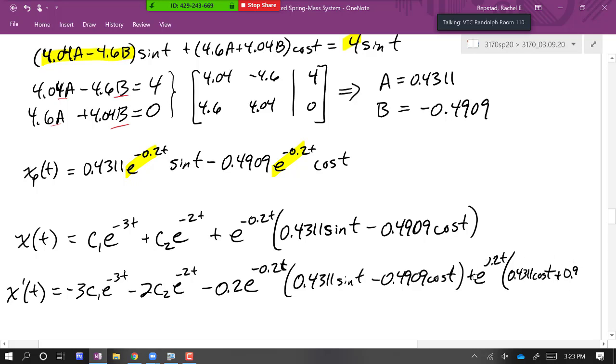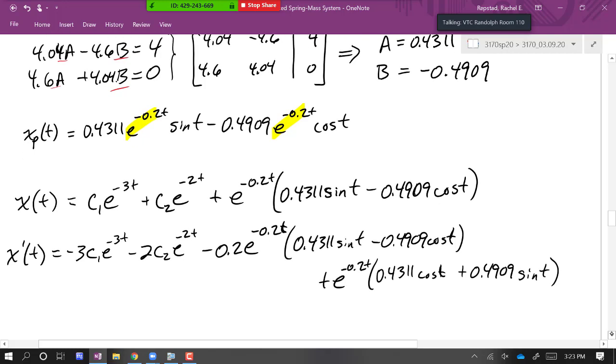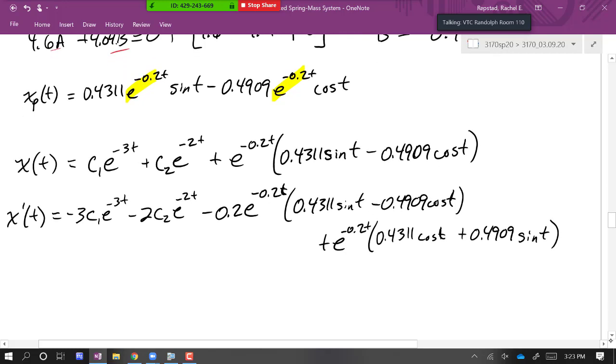Hold on. I'm going to nudge this down onto the next line so I don't have to write it all cramped. Great.